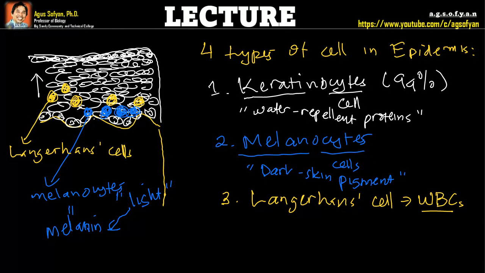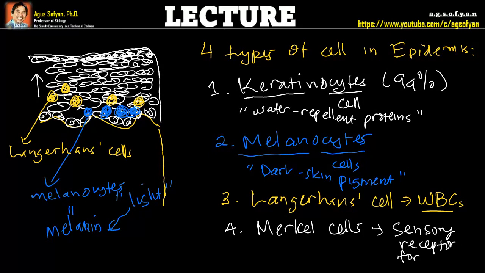And the last type of cells in the epidermis is called the Merkel cell. Okay, and this Merkel cell is specialized for sensation. So this is a sensory receptor for touch. Touch stimulus has a special sensory receptor called the Merkel cell.